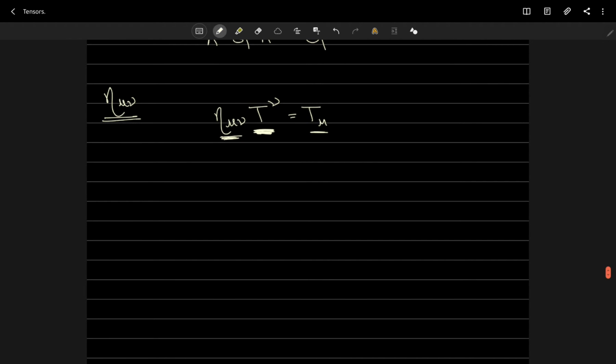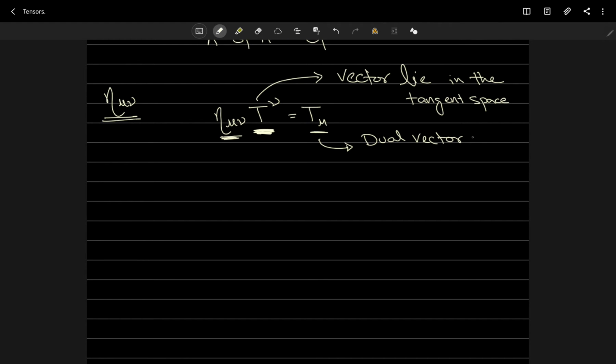And if you remember, vectors lie in the tangent space, whereas a dual vector is in the cotangent space, right?